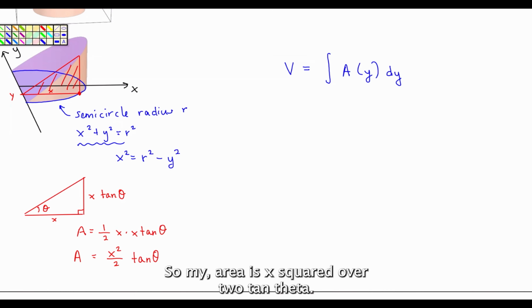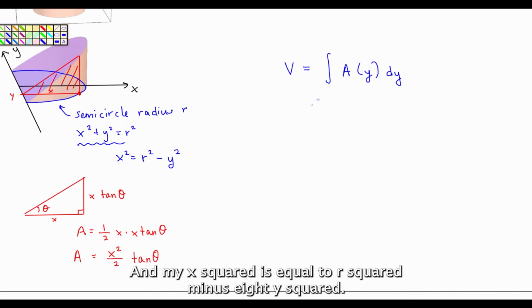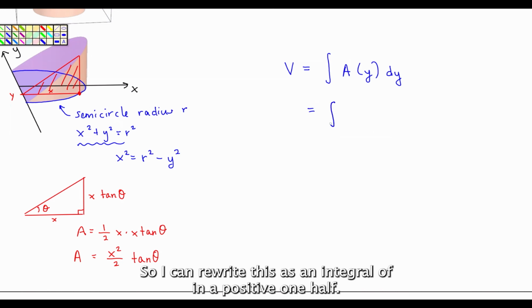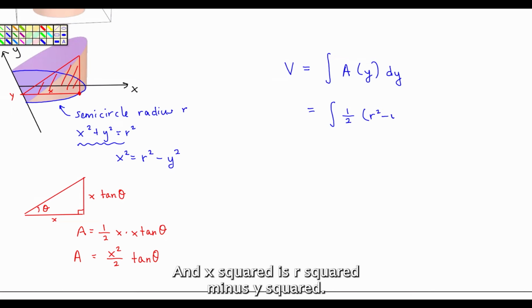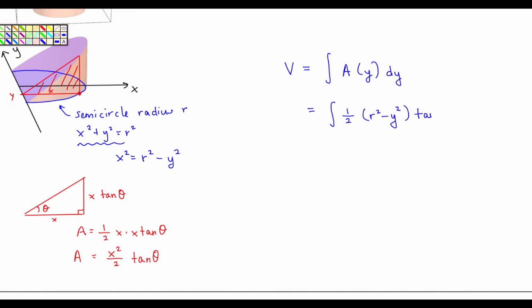Okay, so my area is x squared over 2 tan theta, and my x squared is equal to r squared minus y squared. So I can rewrite this as an integral of, I'm going to pull out the 1/2, so that's 1/2. And x squared is r squared minus y squared times tangent of theta. And that is dy.